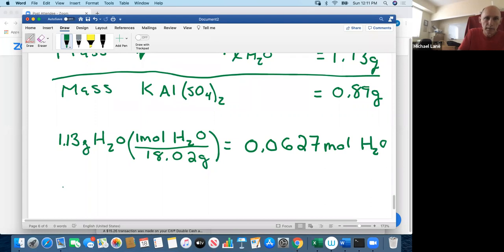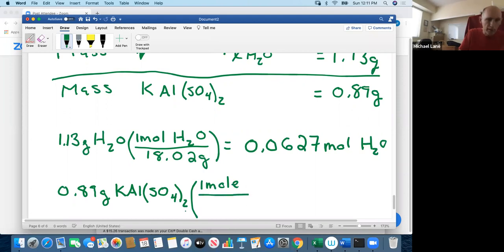I have 0.89 grams potassium aluminum sulfate times 1 mole is, I have this calculated, 258.21 grams. And of course, right here, I should have put potassium aluminum sulfate, but I think that's pretty clear.